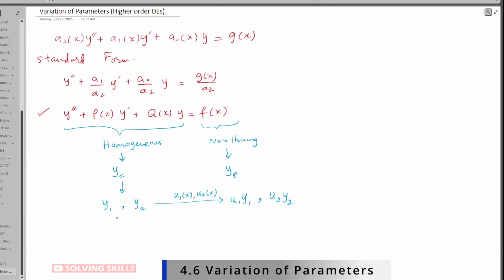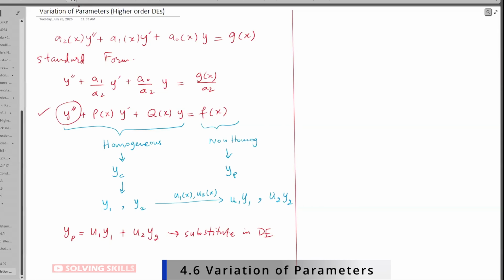So we're going to say that now yp becomes u1 y1 plus u2 y2, and you have to then substitute this in the standard form of the differential equation. So in order for substitution, you will have to find y double prime and y prime.